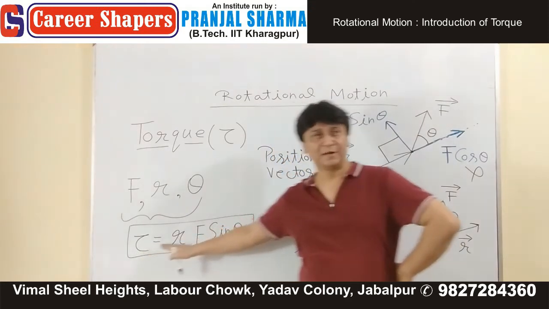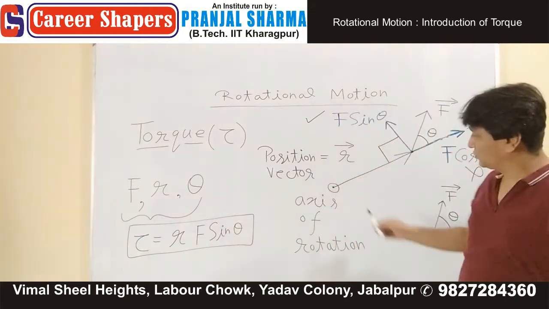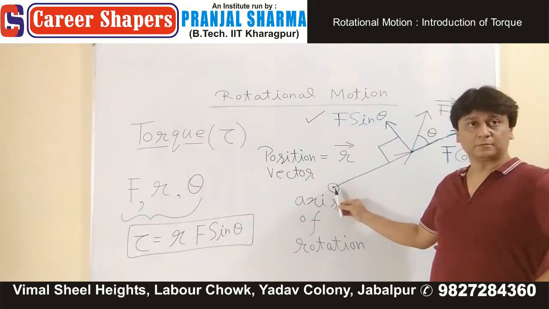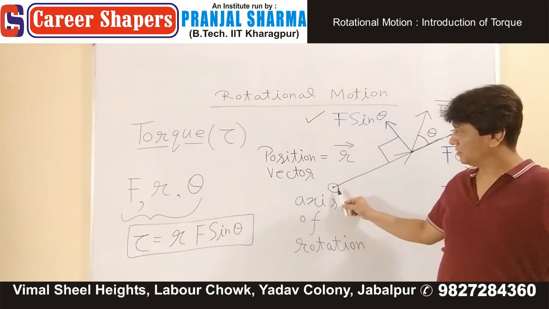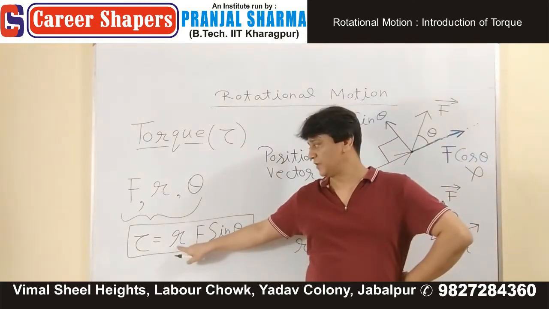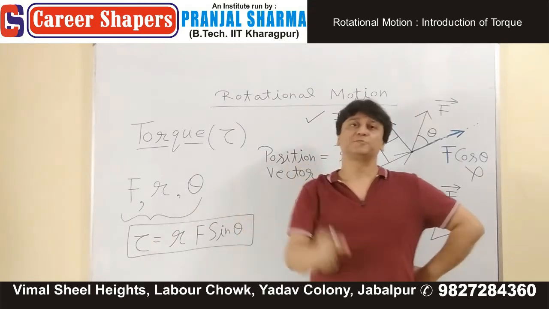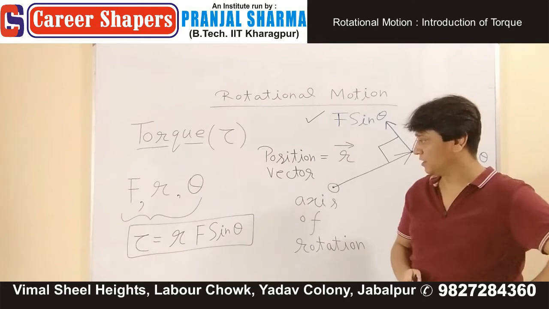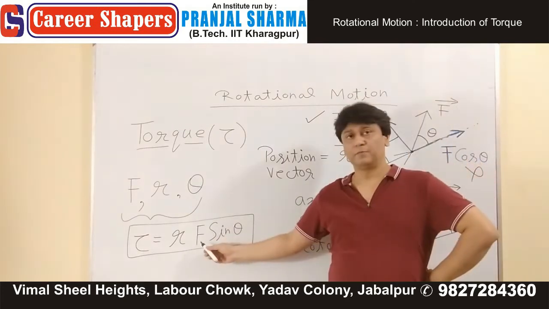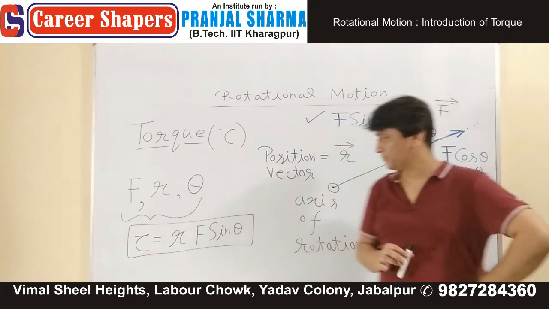If torque is coming 0, if somebody applies force over here, कहाँ पर? Axis पर, इसका मतलब R क्या हो जाएगा? 0. If R is 0, torque will become what? 0. हमने देखा था अगर एक्सिस पर फोर्स लगाएंगे तो रोटेट नहीं करेगा. If F is 0, अगर फोर्स ही नहीं है तो फिर बॉडी रोटेट करेगी ही नहीं.